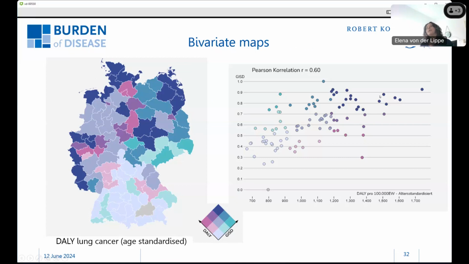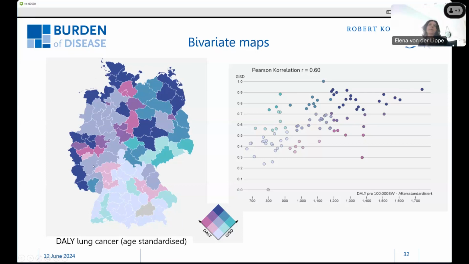In the case of the lung cancer, we have a relatively high correlation, so almost linear, but not completely. And one can see that in the southern part of Germany, which has lower deprivation, we also observe lower DALY due to lung cancer.